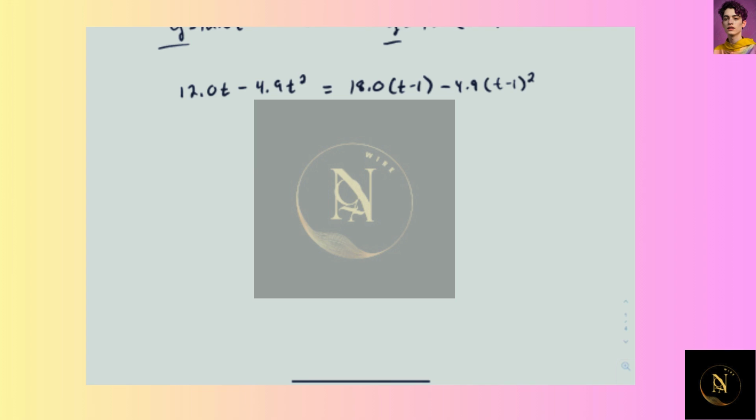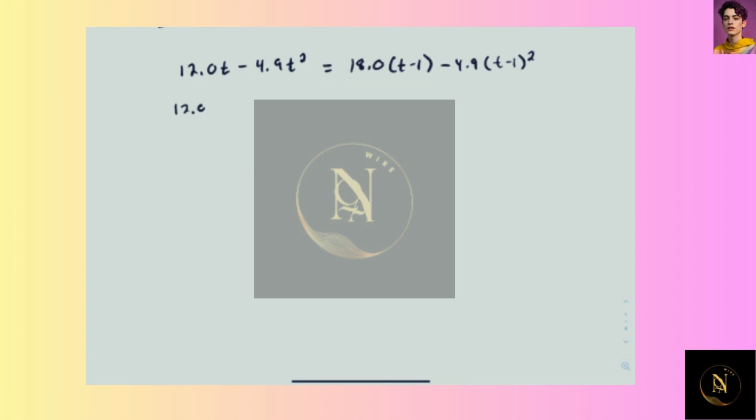And now I'll expand the right side. So this is going to be 18t minus 18. And now t minus 1 squared is t squared minus 2t plus 1.